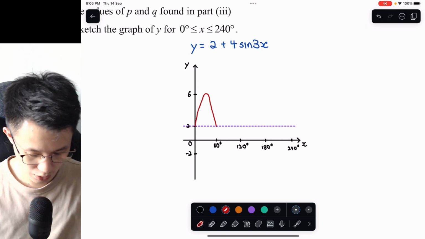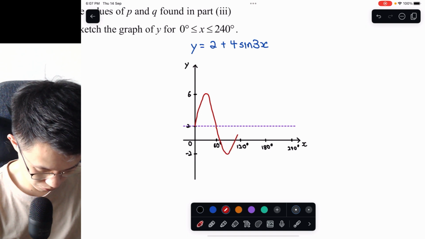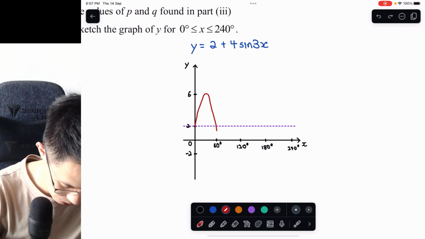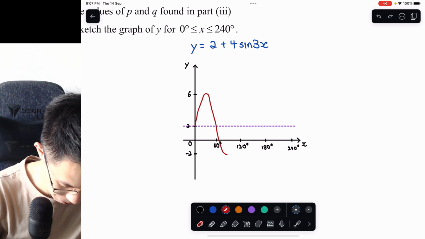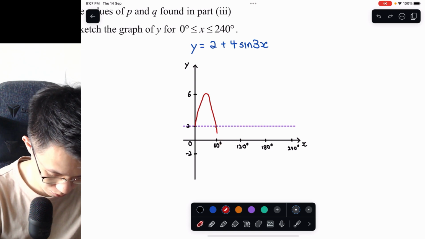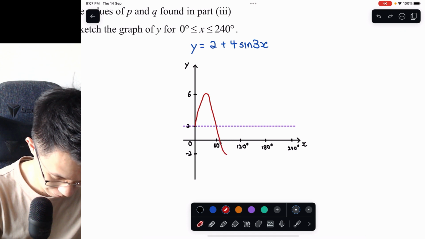I'm going to take a break, because it's not easy to draw the bottom one. Go down again, go up. Great, but it looks too straight. So try again. You should always be using a pencil at this stage, because you will never know what kind of mistakes you can make with sketching such graphs.